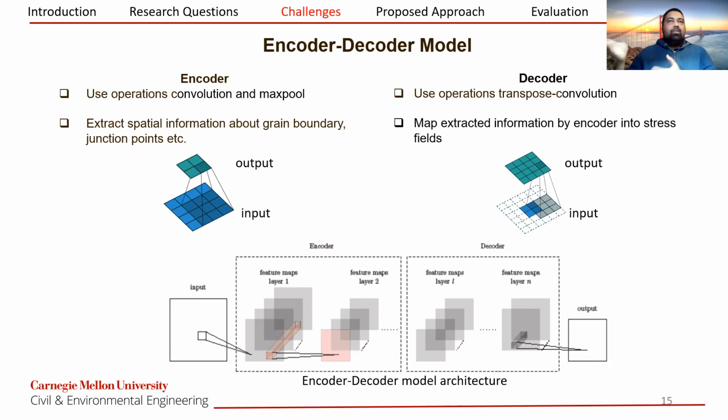Then we use the decoder to map that compressed information into a stress map. There is tuning involved where we use different layers, but we just work with convolution and max pool in the encoder, and in the decoder we just work with transpose convolution.